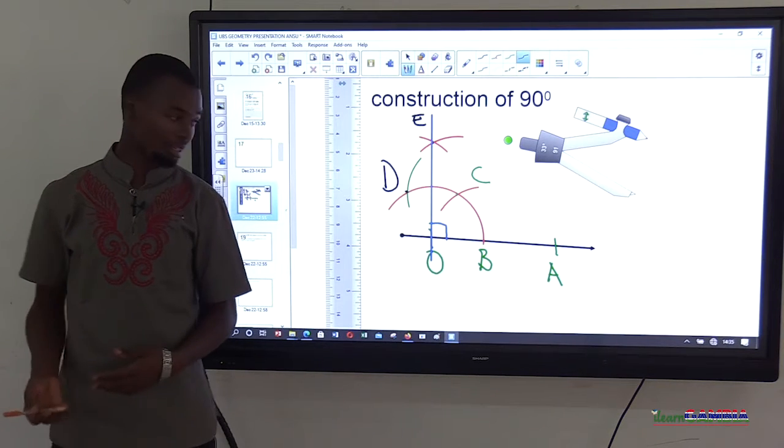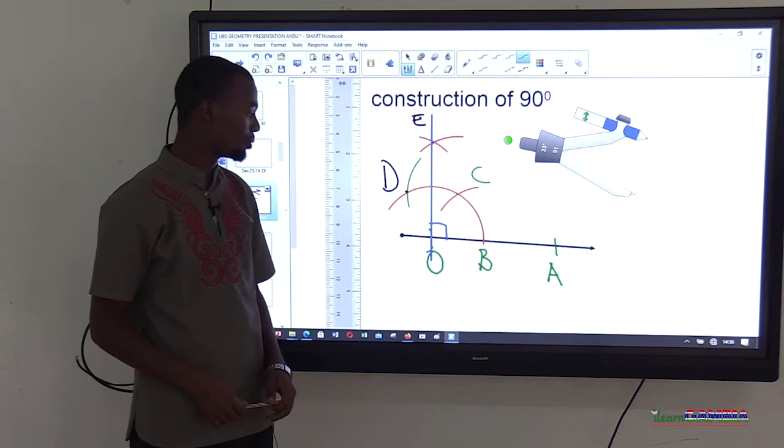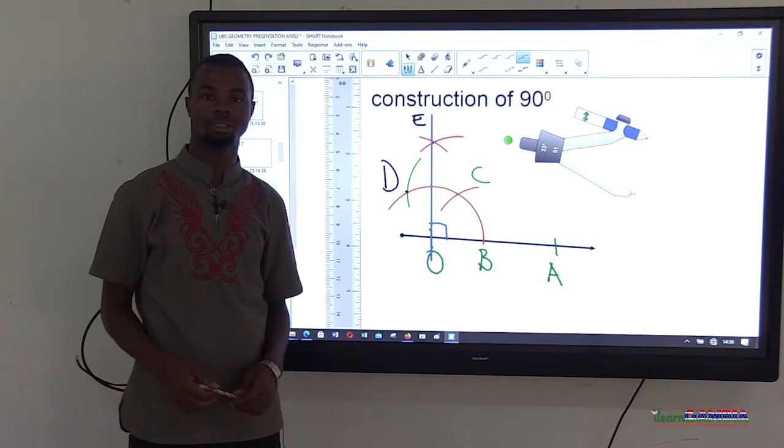First we get any ray, that is OA. Then after getting the ray, we open to any convenient radius.